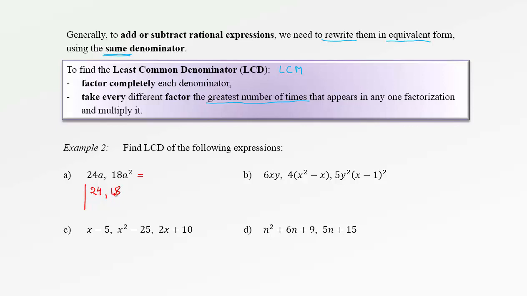So for example here, both numbers are divisible by 6. 24 divided by 6 is 4, 18 divided by 6 is 3. And then between these two numbers there's no common factor except for 1, but 1 doesn't count. We are searching for common factors that are higher than 1. So that's actually the end of our search. The least common denominator comes from this first column and last row.